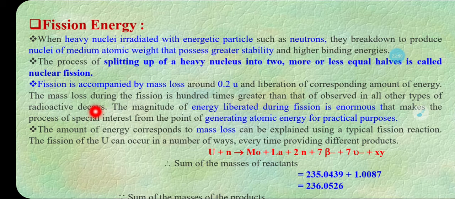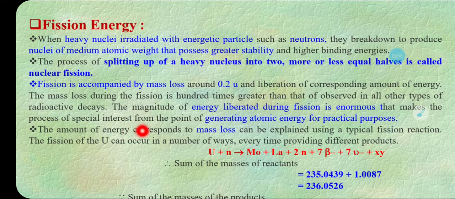The mass loss during the fission reaction is 100 times greater than that observed in other radioactive decay. The magnitude of energy liberated during this fission reaction is enormous. That makes the process of special interest from the point of view of generating atomic energy for practical purposes.